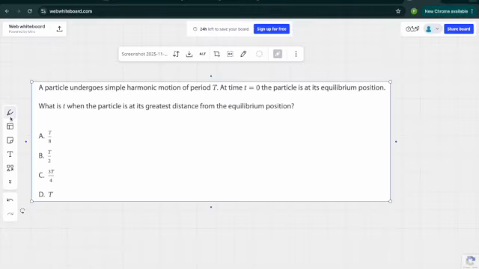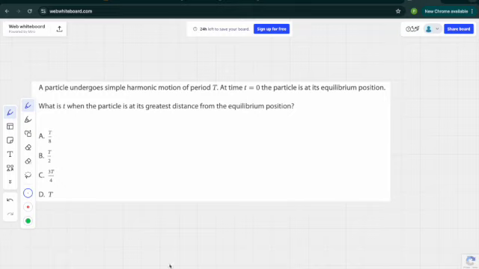Okay, so let's draw out this pendulum. At t equals 0, we'll call this the equilibrium position, and the ball's here. Then we'll call this point over here and this point over here the two extremes of the motion, so a and negative a. It doesn't really matter which is which for this question. So at t equals 0, the particle is over here.